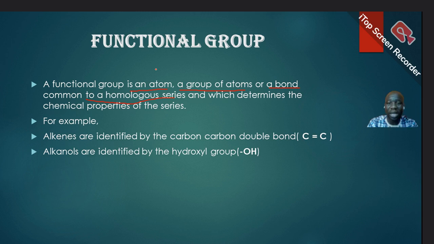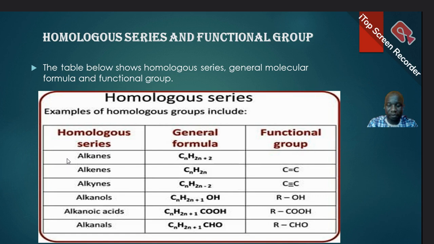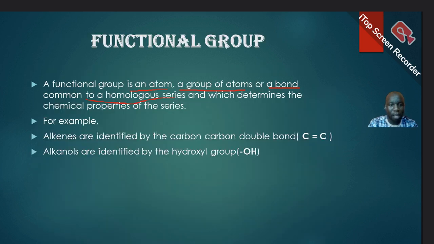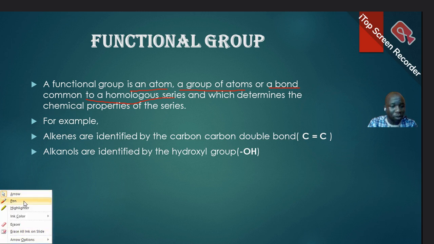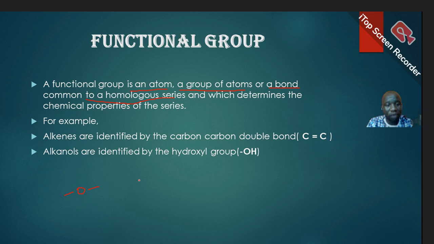For example, for a homologous series that we call the ether, their functional group is O. So that's an atom.